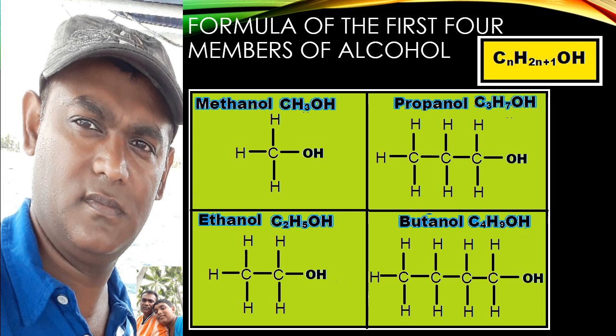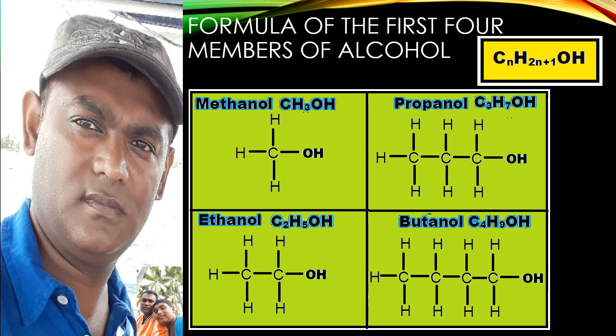The first carbon is attached to 3 hydrogen atoms, and the second carbon is attached to 2 hydrogen atoms, and it has a third bond between the carbon and the OH group. That is the functional group of alcohol.